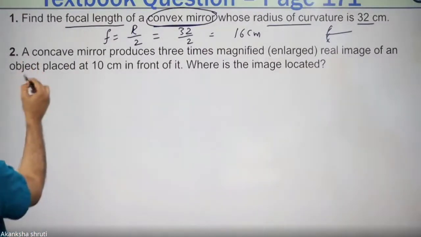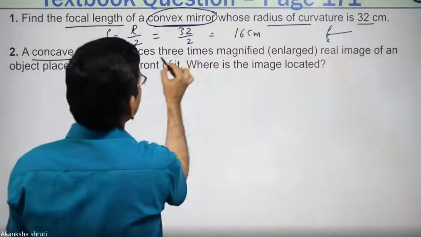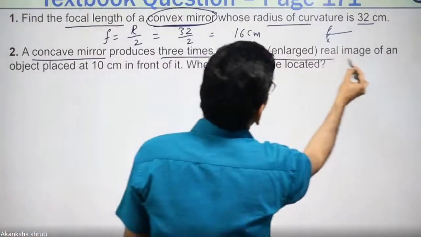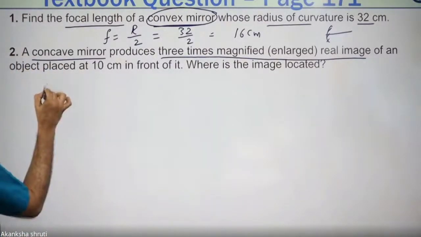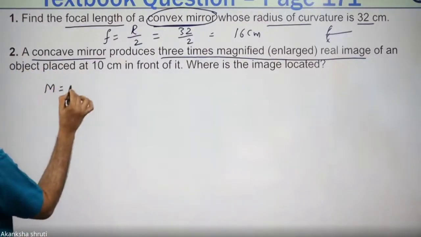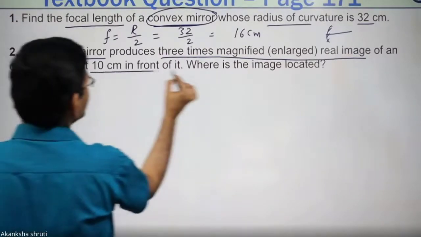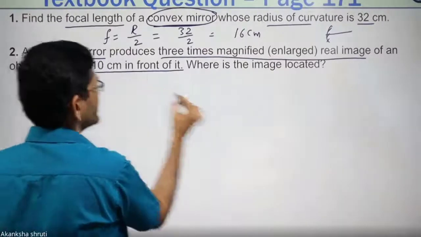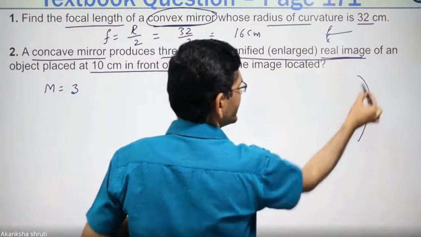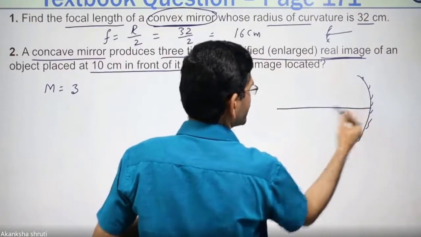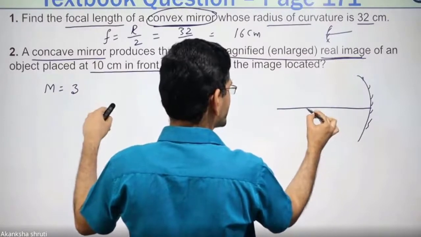Come to question number 2. Concave mirror produce 3 times magnified or enlarged real image. In this case, it is given that magnification is 3 of an object placed at 10 centimeter in front of it. So real image, also this mirror is given. So it is like this. Wherever the image it may be, wherever the object it may be, don't worry for that.